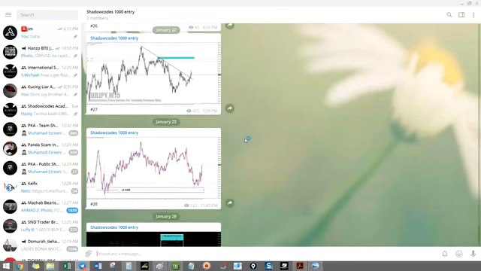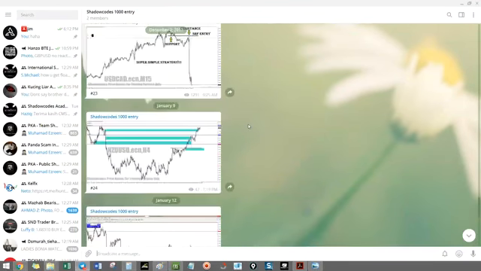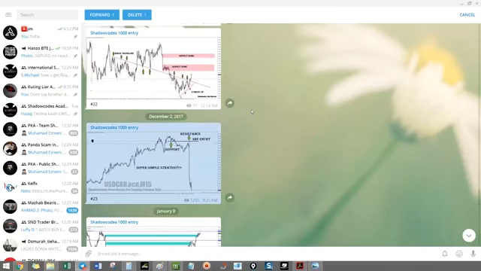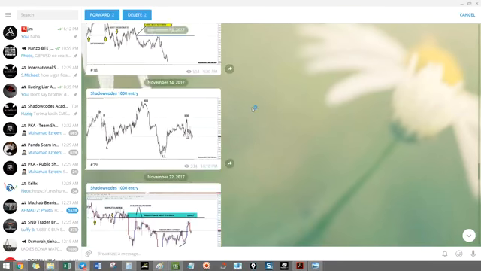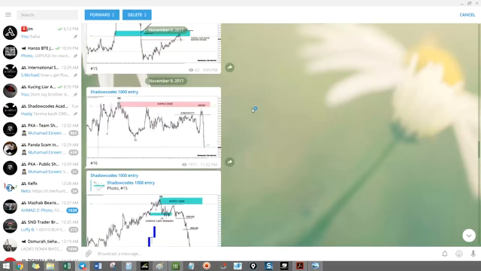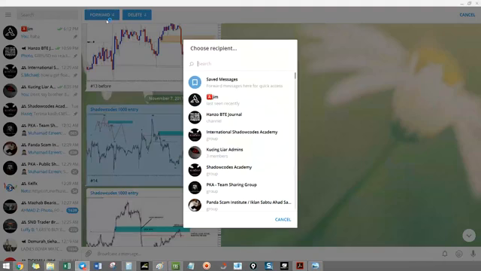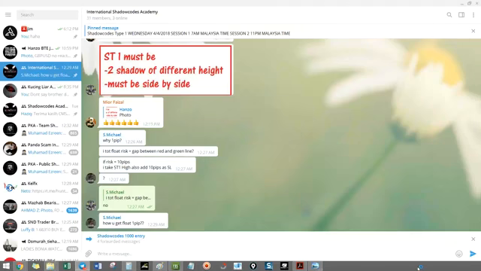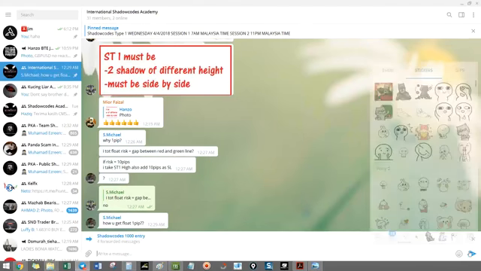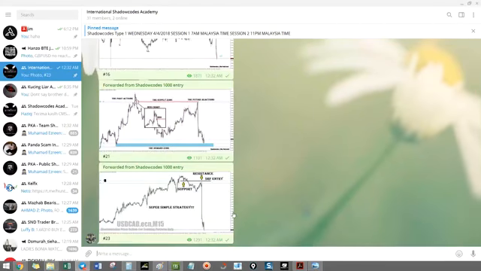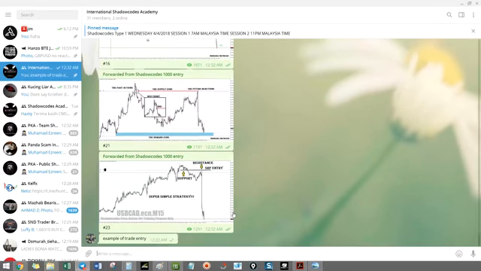So I will send you a few ST1 entries. You can put it in the mirror, on the wall for study or anything. Example of trade entry.